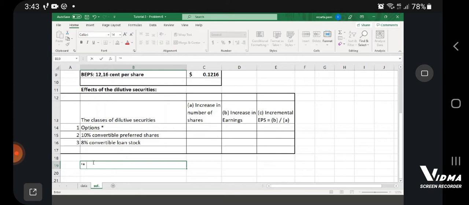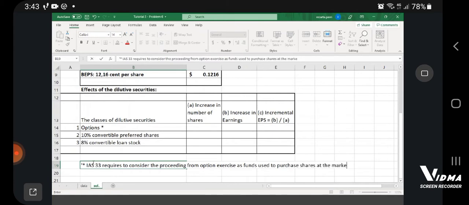Now, what we assume for options, I will put a sign and I will explain it over here. IAS 33 requires us to consider the proceeds from option exercise as funds used to purchase shares at the market price.